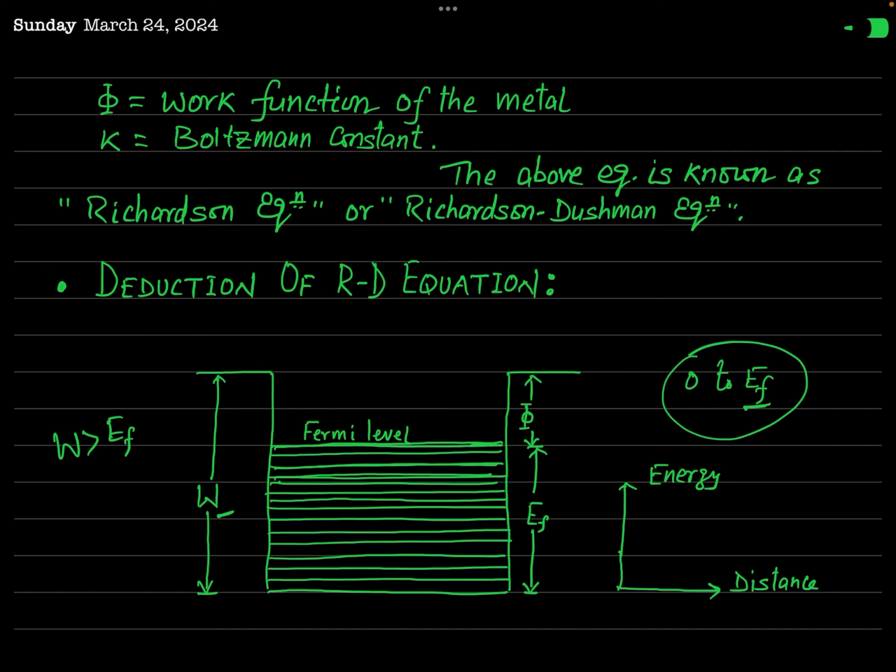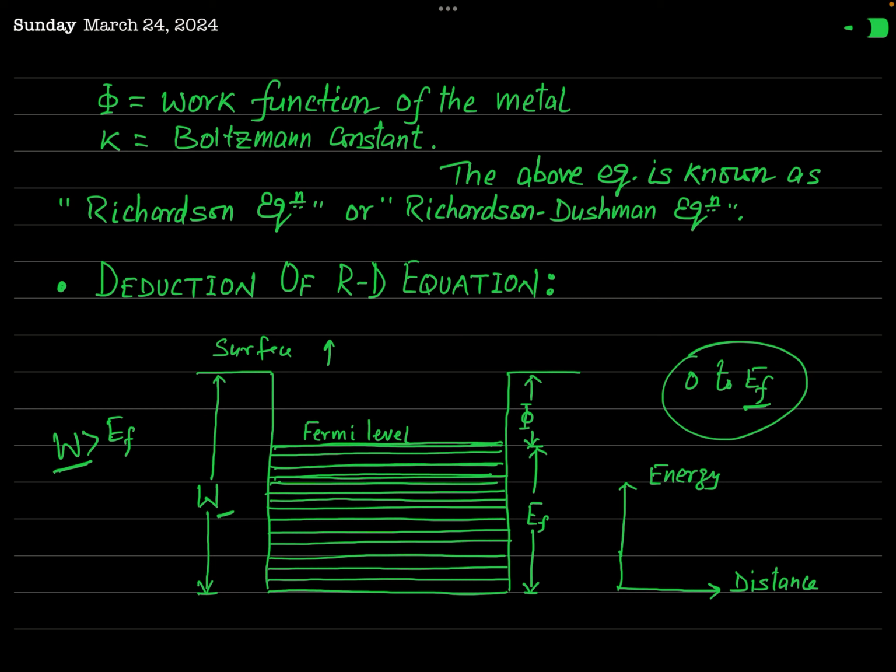Now see, if an electron is to be ejected, how much energy should this electron have? Can you say? You can see this is the surface, okay, and from here the electron emission will take place. So if W is the uniform potential inside the metal, then at least this W energy is required by the electron for escaping from the surface.